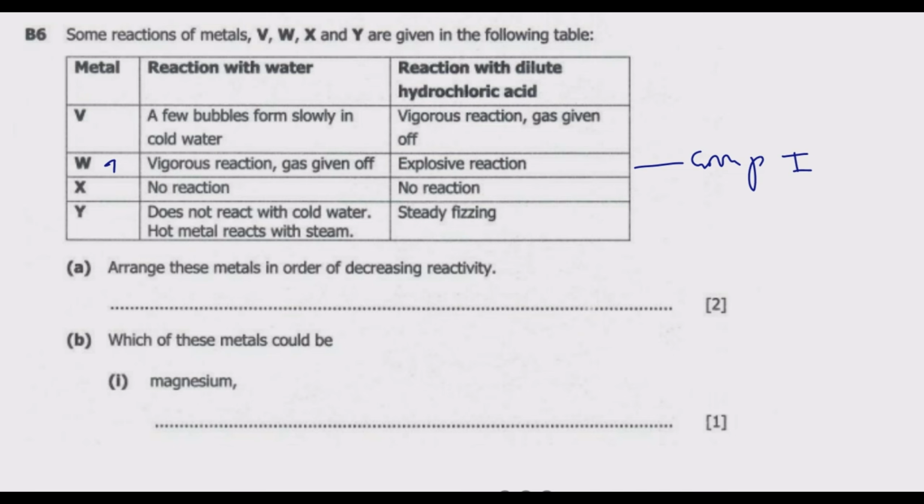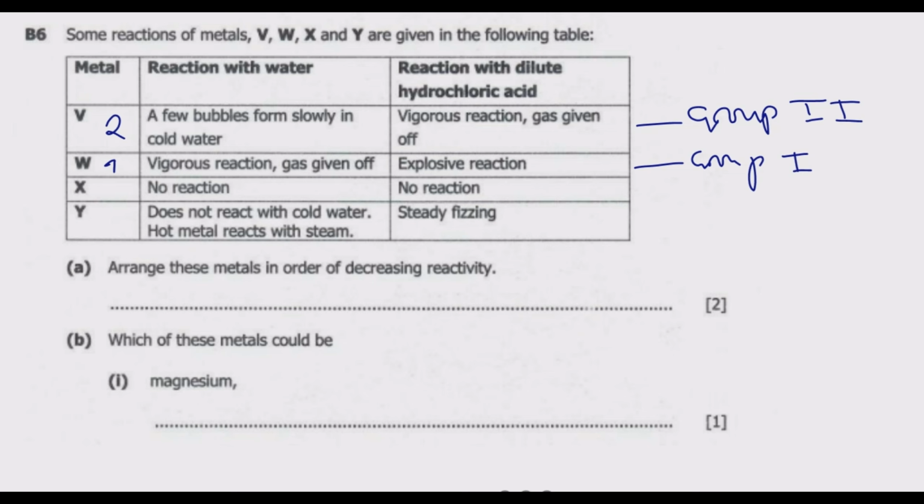Then followed by V, which reacts with cold water to produce bubbles slowly, and also reacts vigorously with hydrochloric acid to produce a gas. So this would be number 2, and this would ideally belong to group 2. Group 2 elements generally react with cold water, except for beryllium, which only reacts with steam.